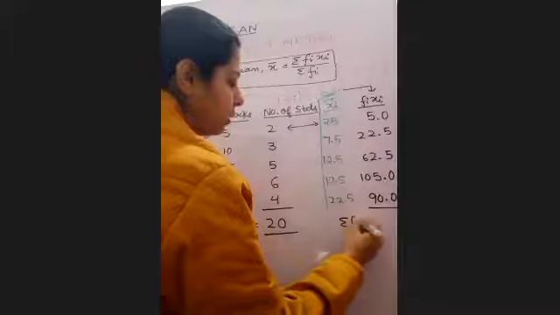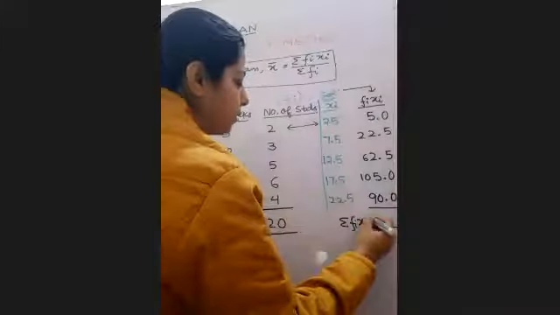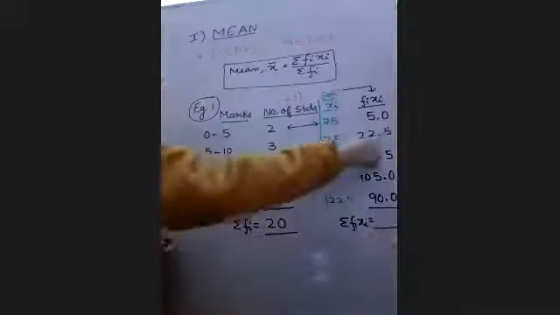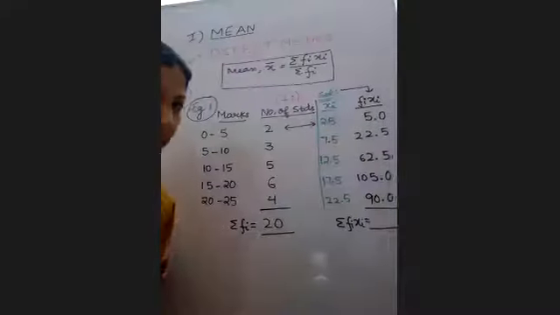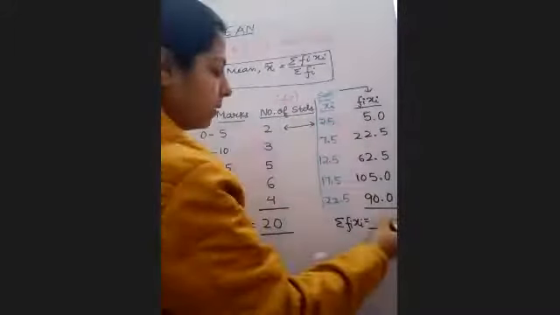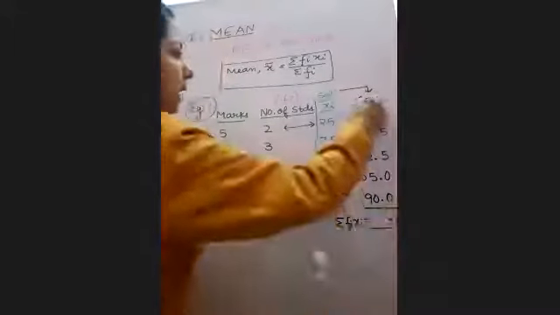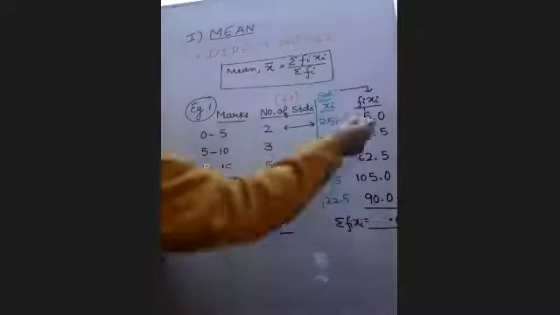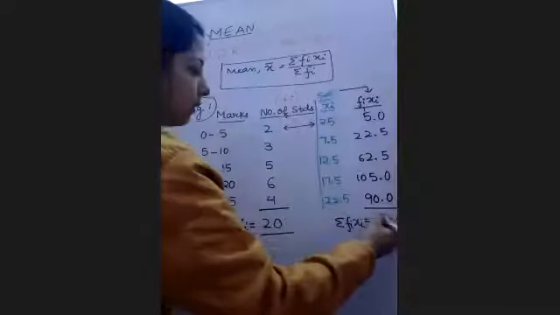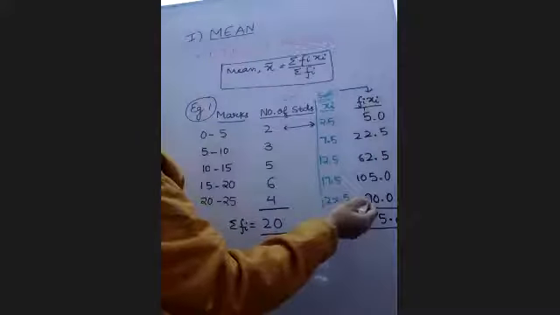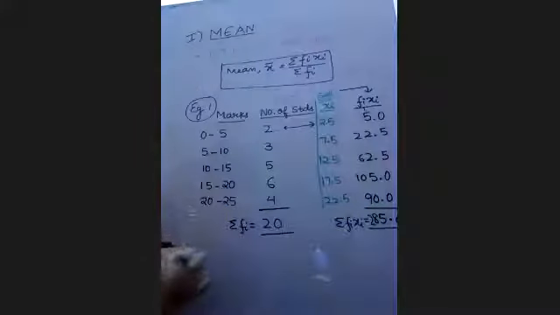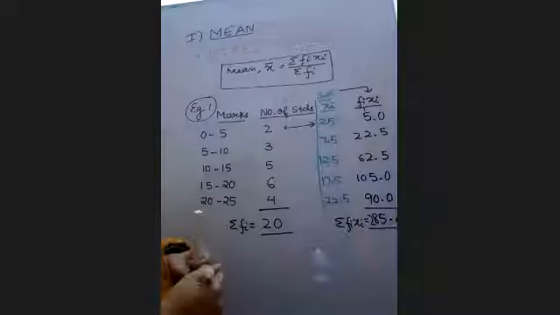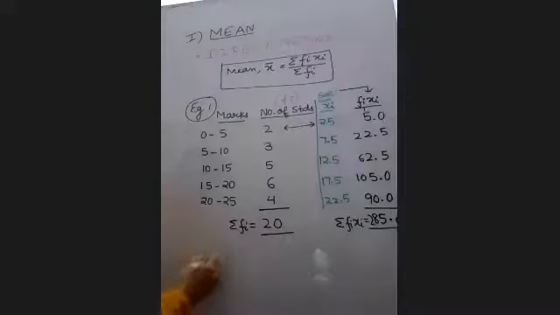Sum of all the observations. 5 and 5 makes 10, so 0 and 1 carry. 5, 5, 10, 15. Then 1, 285. So 285.0.